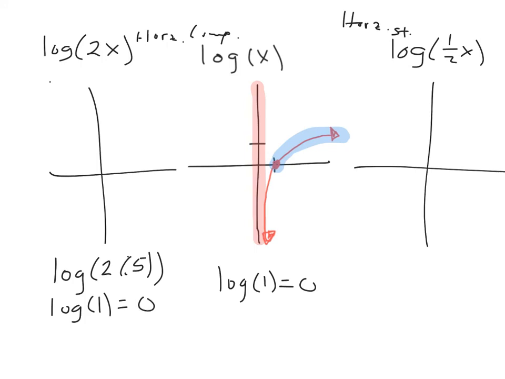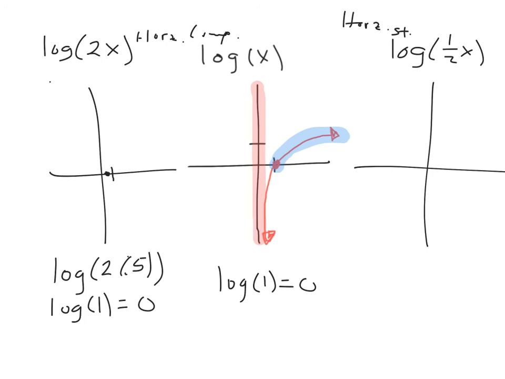So that means if you were to do a horizontal compression of 1/2, not only would that compression take place, but also you would notice that the graph is going to shift or appear to shift over to the 0.5. It's going to look like it does that right there.